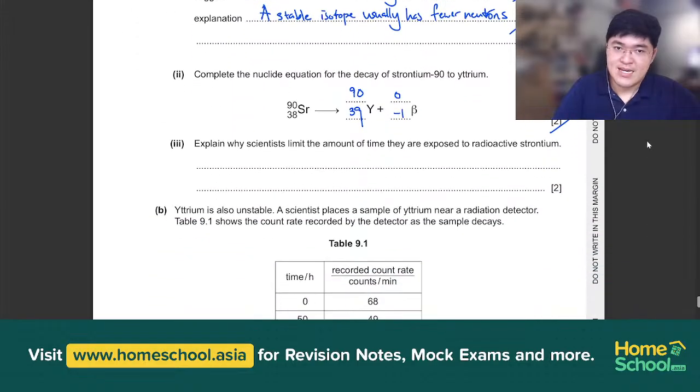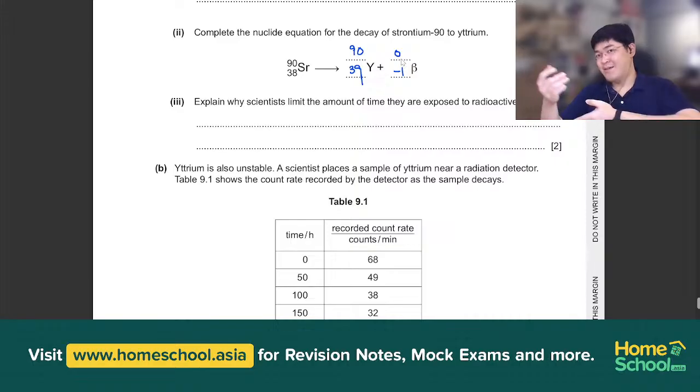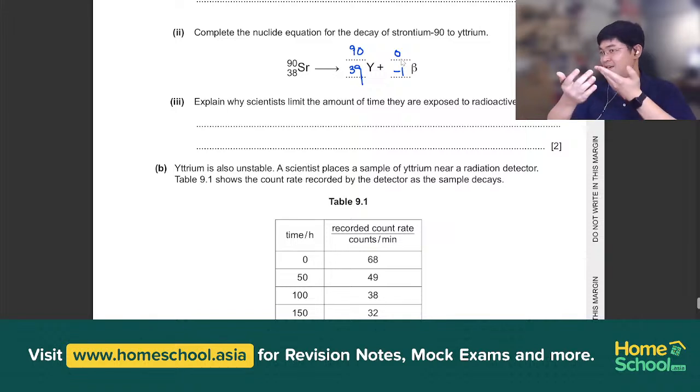Part 3. Explain why scientists limit the amount of time they are exposed to radioactive strontium. Well, if you are exposed to radioactive sources for too long, you can damage yourself. It is very dangerous and can be fatal. Because beta particles are ionizing, they get into your skin, can do funny things to your DNA, and will ionize your DNA.